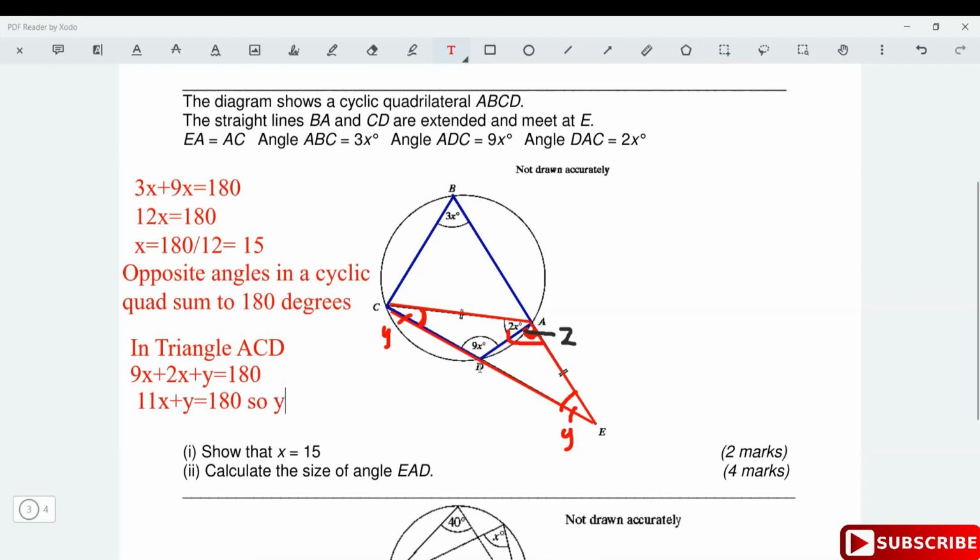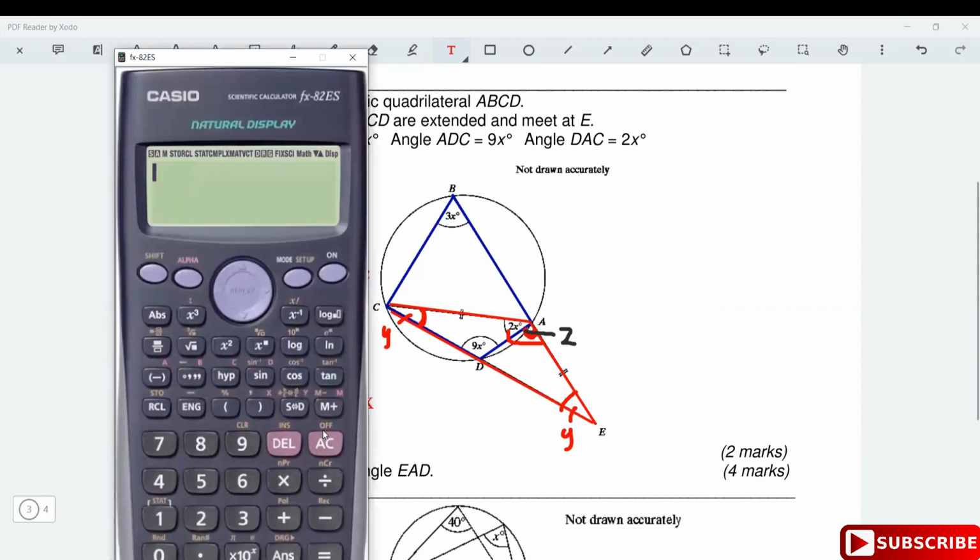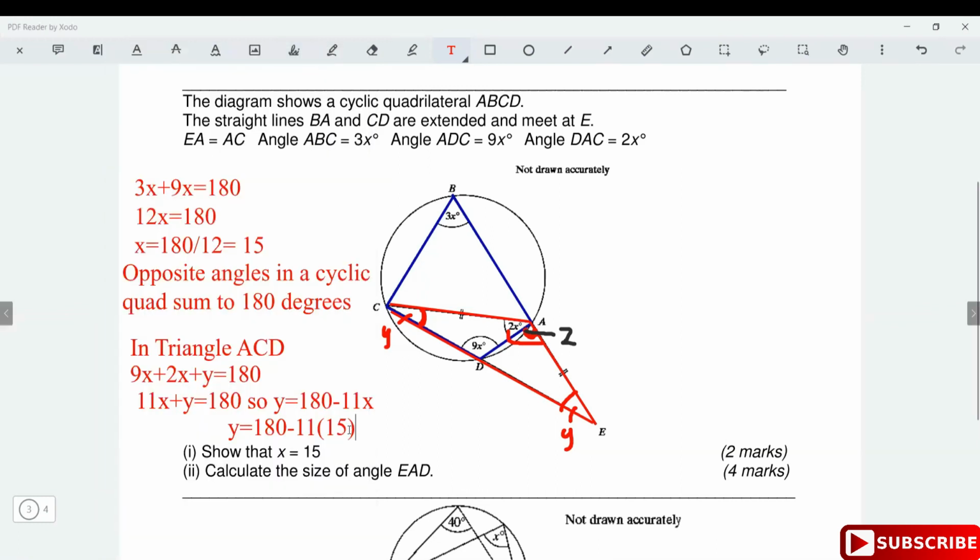So y is equal to 180 minus 11x. And so y equals 180 minus 11 times 15. You punch that in your calculator, 180 minus 11 times 15, and you work that out, you get 15 degrees. So y is 15 degrees.